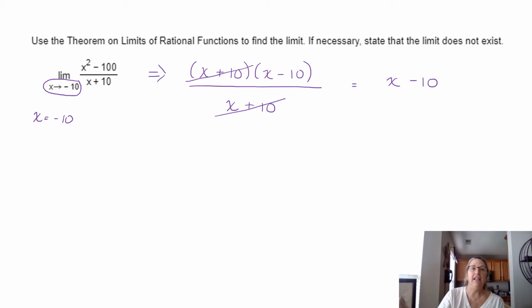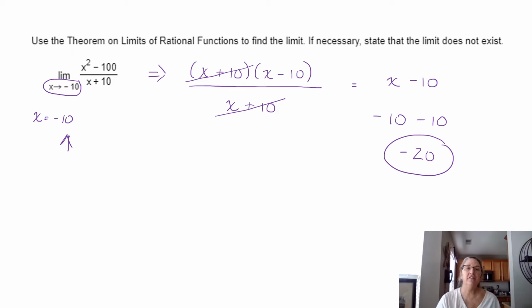So that eliminates that the negative 10 will make this undefined. When we plug in the negative 10 for x, we'll see that as x approaches negative 10, the limit is negative 20.